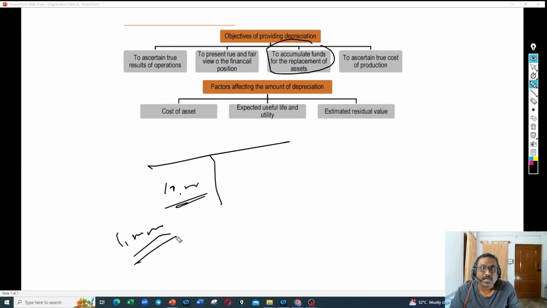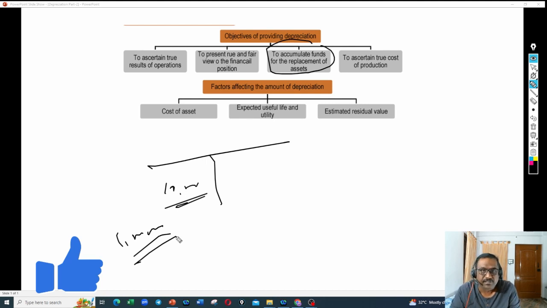If I don't do that, what will happen? I need to search for the funds. That is one. Second, I'm not ascertaining the true results of the operations, and I'm also not showcasing the true and fair view of the financial position. But if I don't do that, I'm also not keeping accumulated funds for replacing an asset after some time. Because after 10 years, this asset cannot be used. The useful life of the asset is only 10 years.